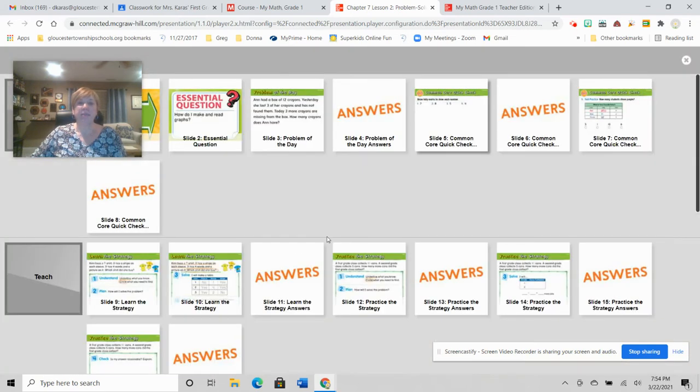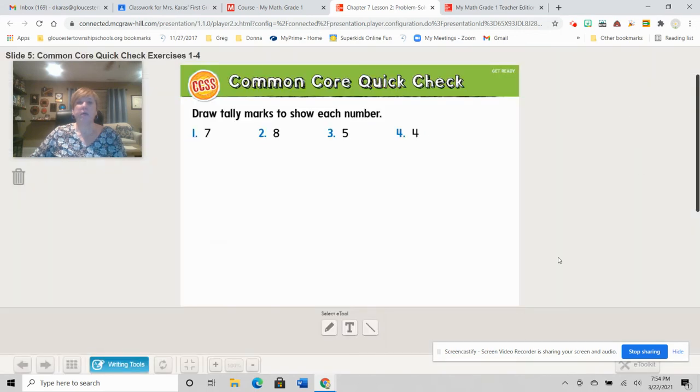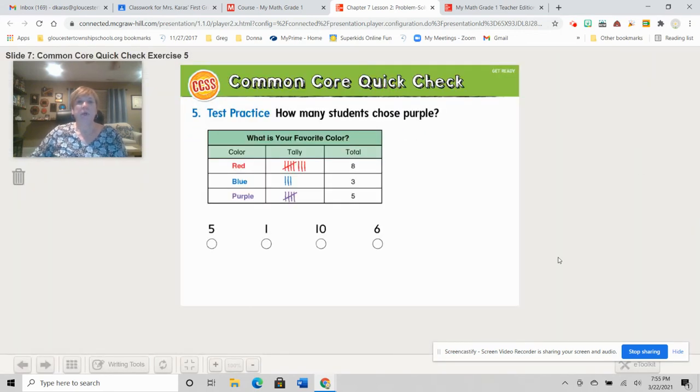Okay, so the next thing we are going to practice here is a look at our chart, and here it says, what is your favorite color? And the color choices were red, blue, and purple. And there are the tally marks and the totals. They would like you to look at the chart and then answer the question based on the chart.